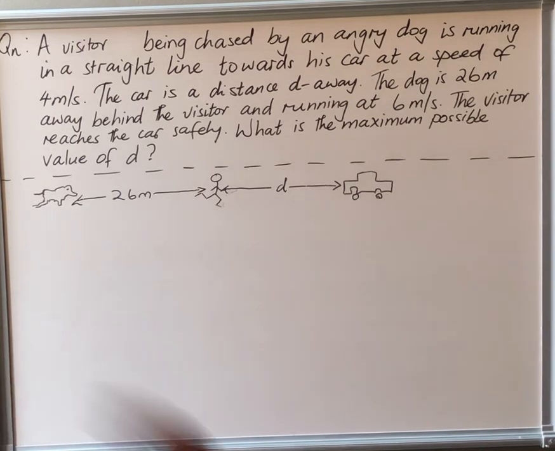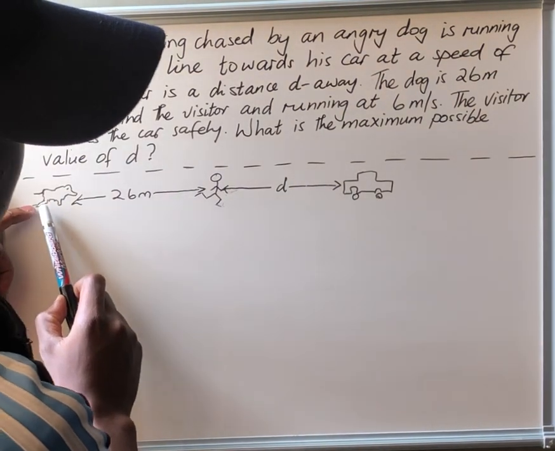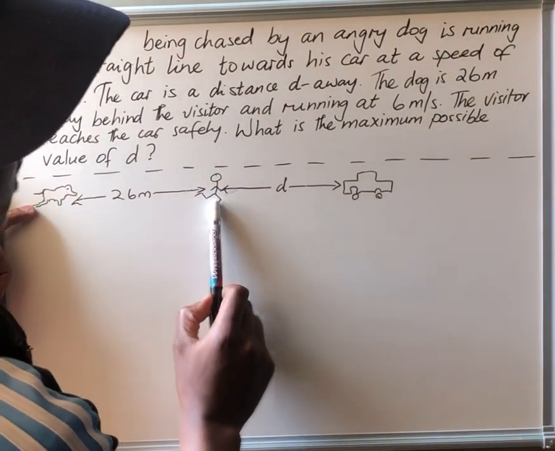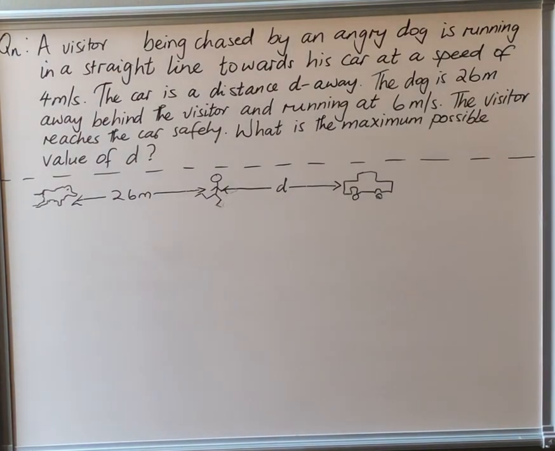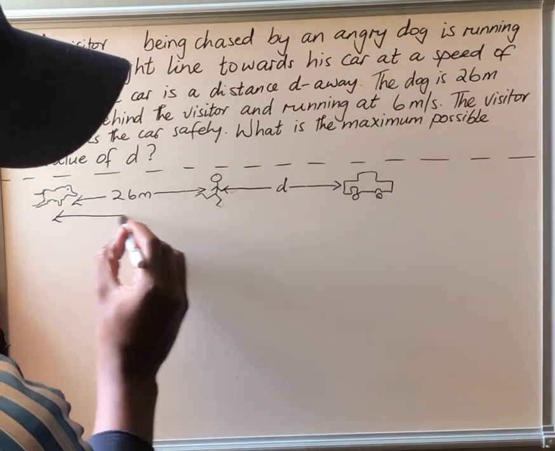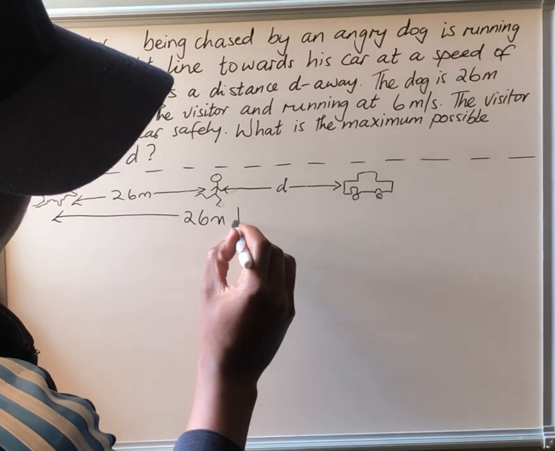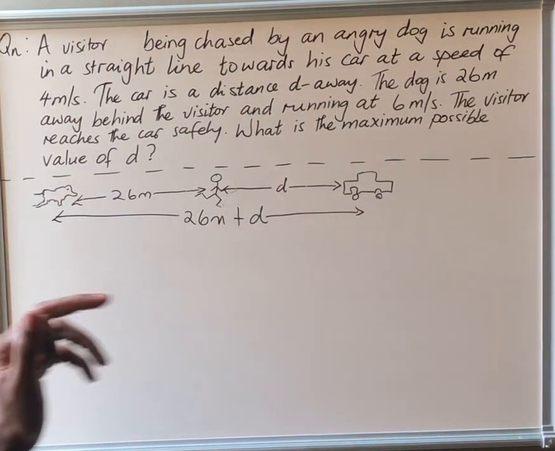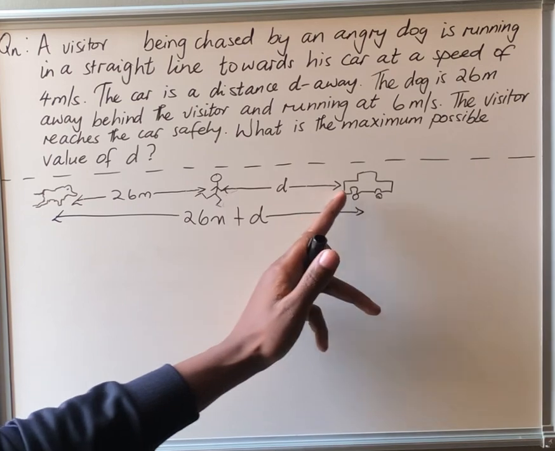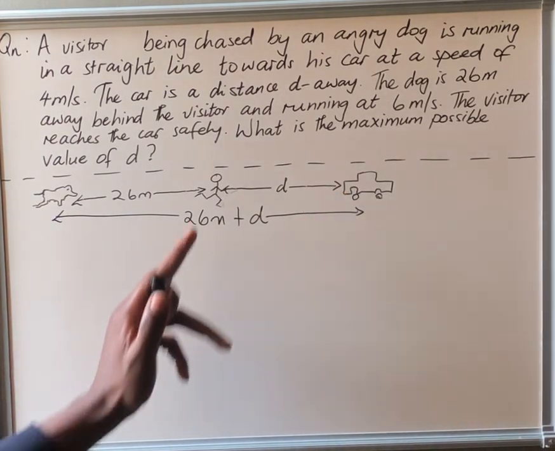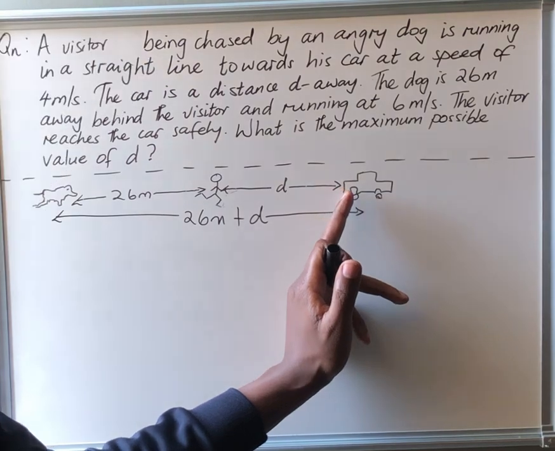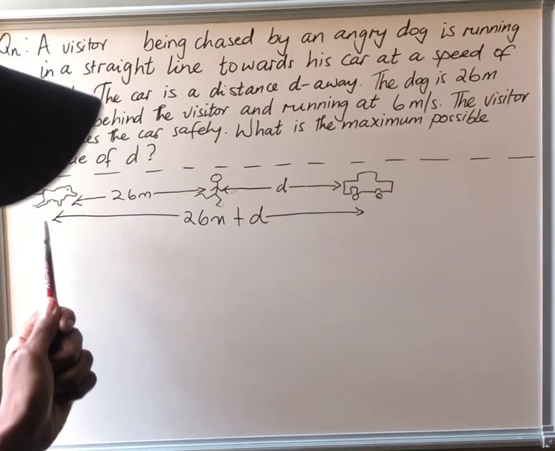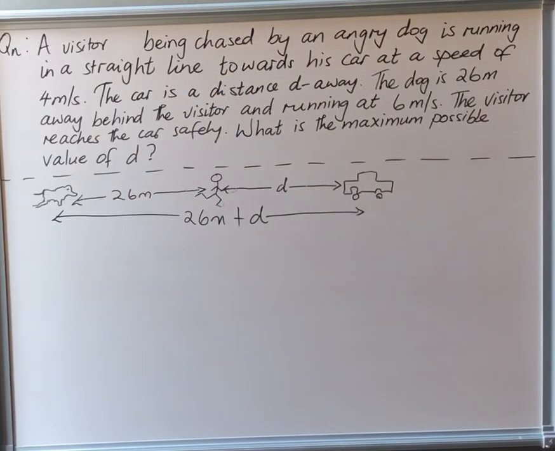The time for the dog to travel from this point to that point, as well as the time for the visitor to travel from this point to this point, is the same. But the dog needs to travel 26 meters plus d, and the visitor has to travel d to get to the car before the dog finishes its distance.